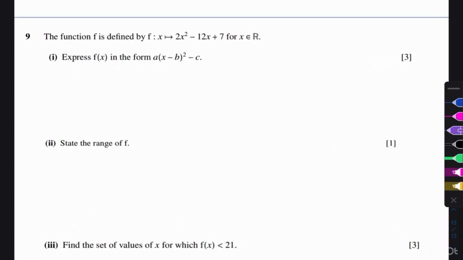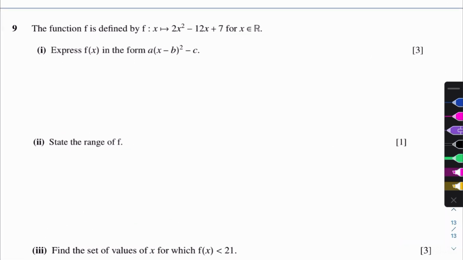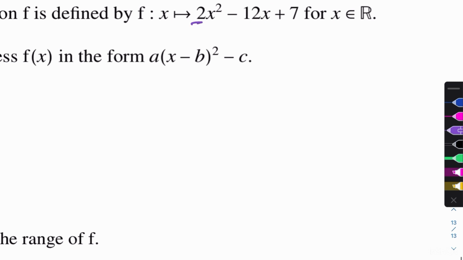Okay, so now we've got the second to last question. It's a functions question. Function f is defined by this. Express f in the form a(x minus b) squared minus c. Okay, so this is completing the square. And you can see that they take out the 2 because you've got the a here and just x inside.